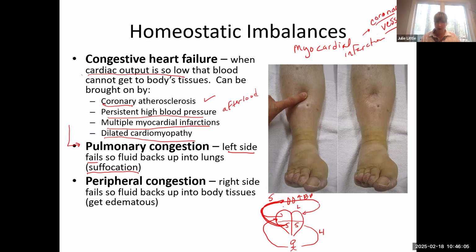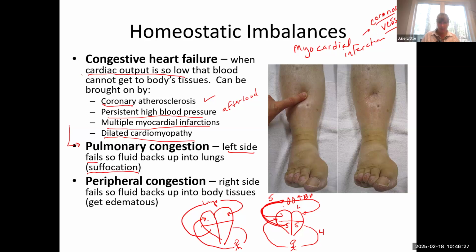The right side of the heart, if it fails, so here, let me draw this again. Right side, left side, right side is going to the lungs and it's coming back here. The left side is going to the body, bing, bing, bing, running out of space and coming back here.